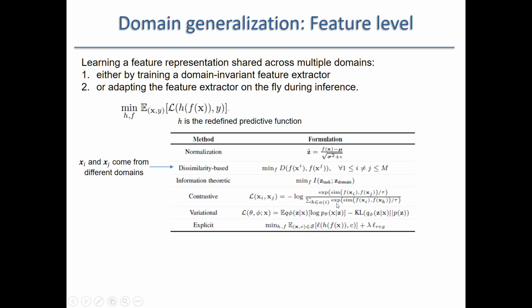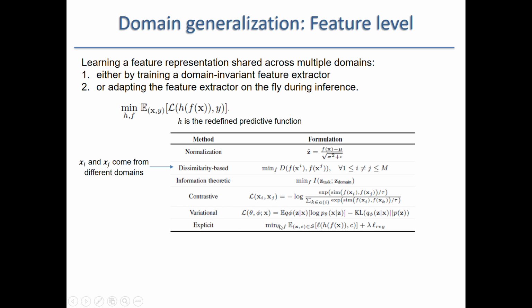In this contrastive approach, we can see that f is the feature extractor. The features coming from the same object should be mapped to a similar location, while the features coming from other objects have to be pushed away.